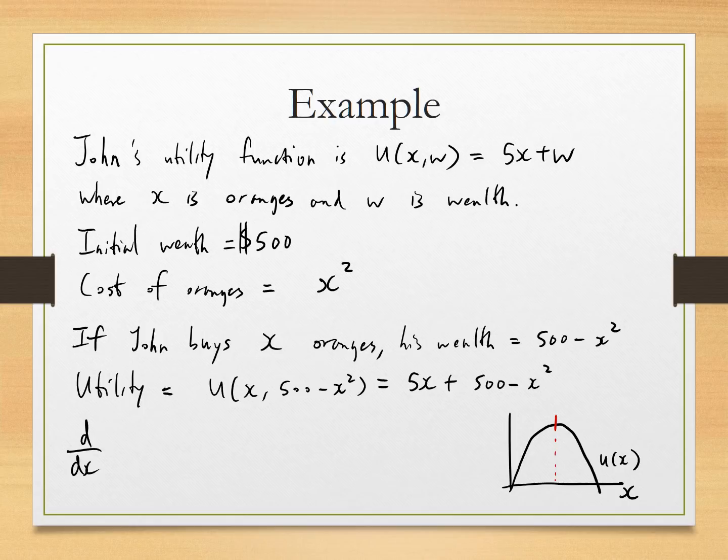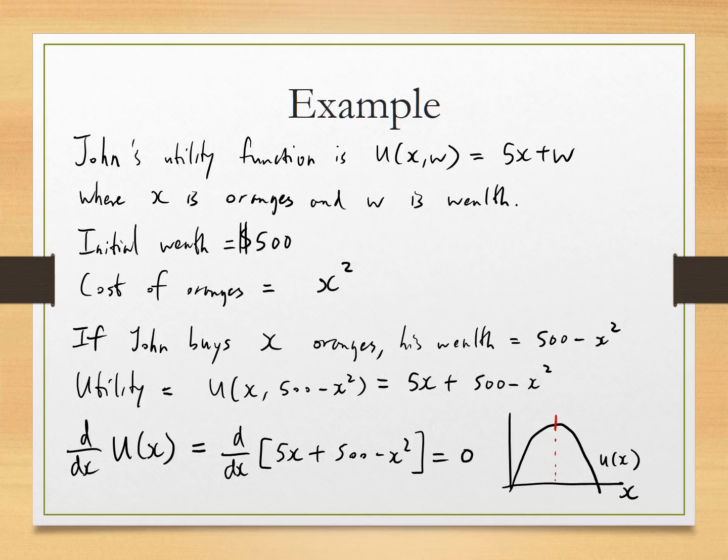So we're going to take the derivative of the utility. Or I can just use u(x) if you want. So we're going to take the derivative of utility, and that's the derivative of 5x plus 500 minus x squared.